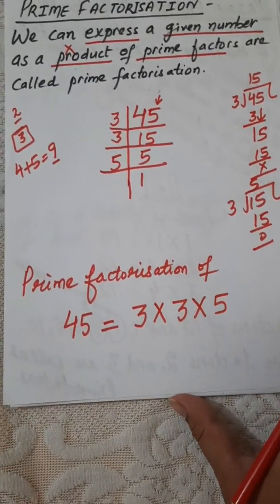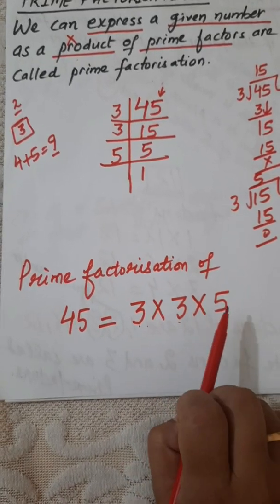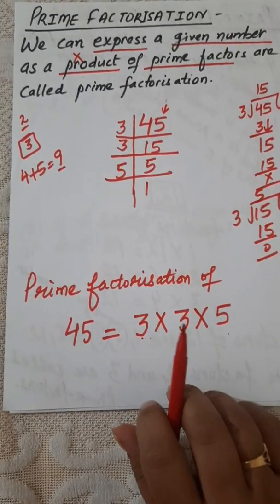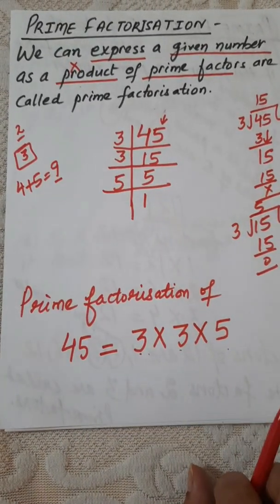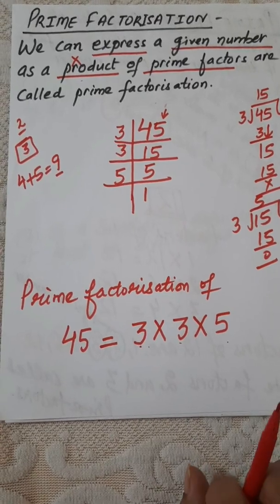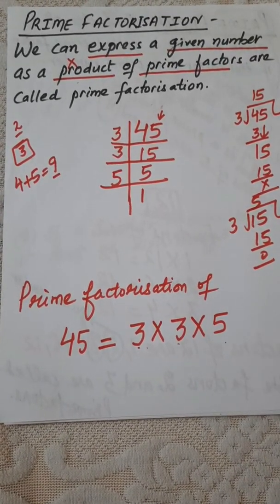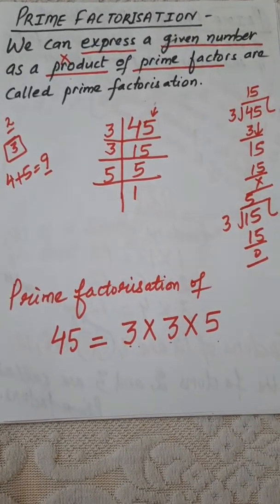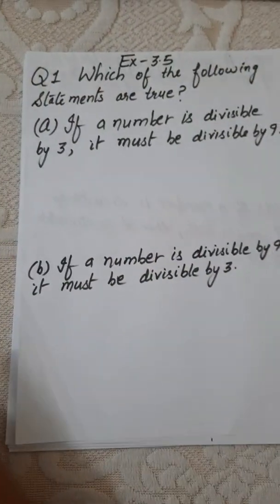In prime factorization, you always get prime numbers. So these are the prime factors, and you can express a given number as a product of prime factors. This is known as prime factorization. Prime factor means when the factors are prime.